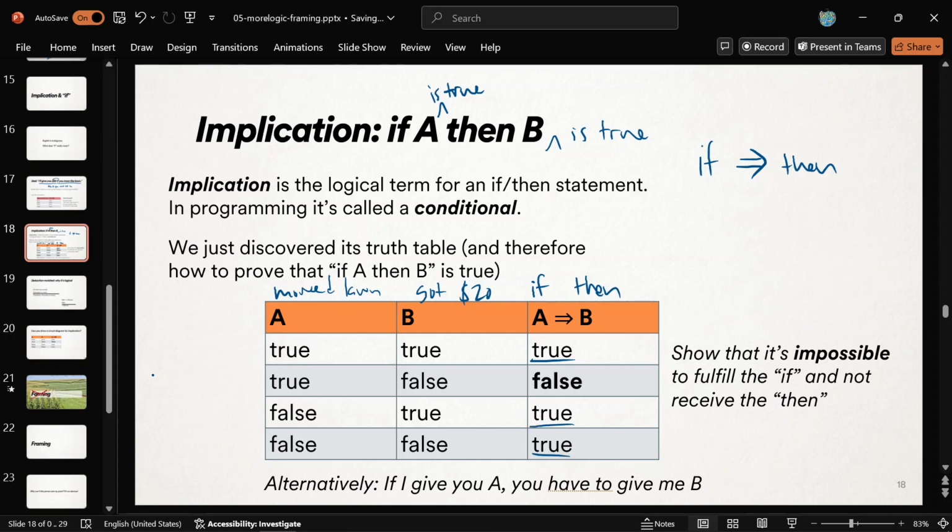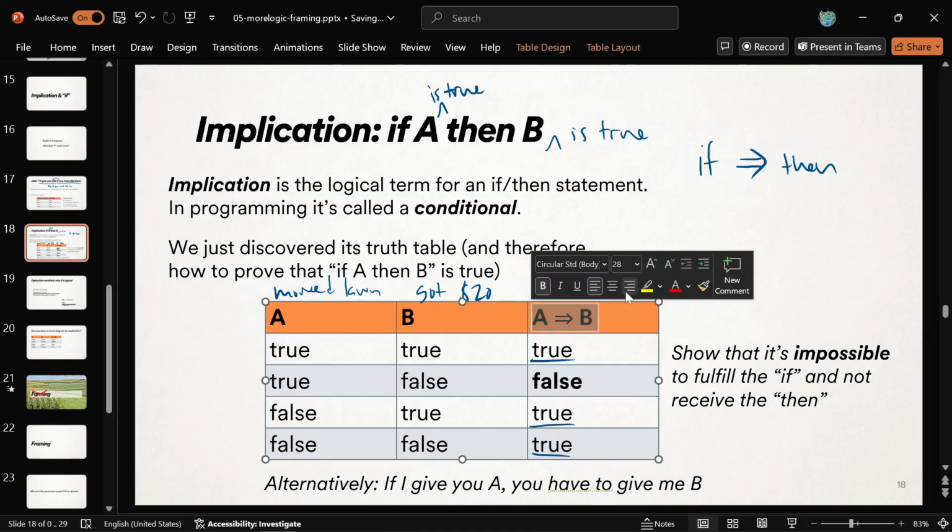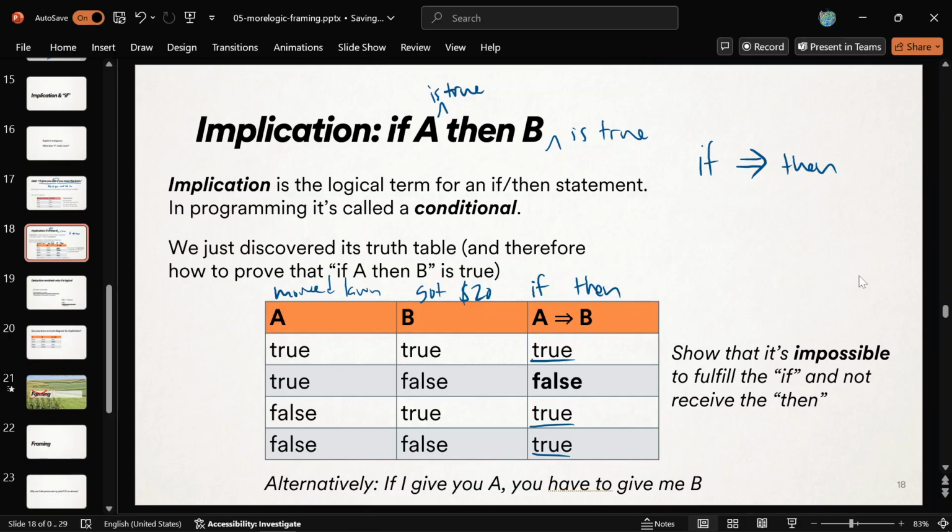And so, if you're trying to prove that your implication is a true statement, that you're not lying when you said if A, then B, then you just have to show that you're not in this case, right? Any other case means that you're true. So just make sure you cannot uphold the bargain and still not get the payout, because that would make it false, right?